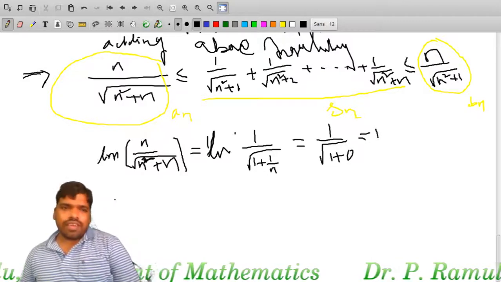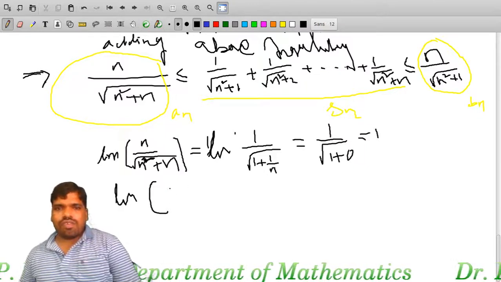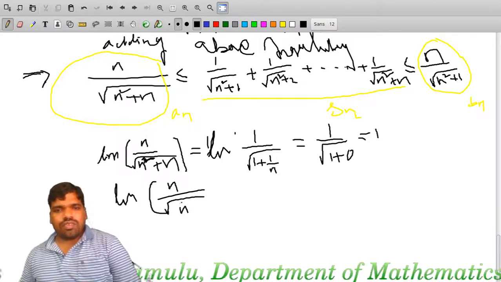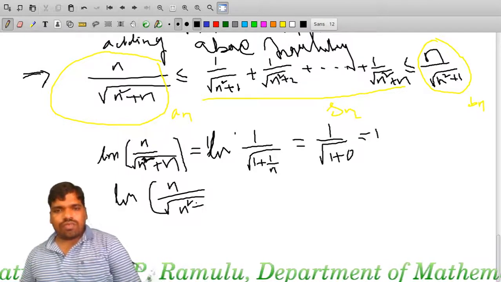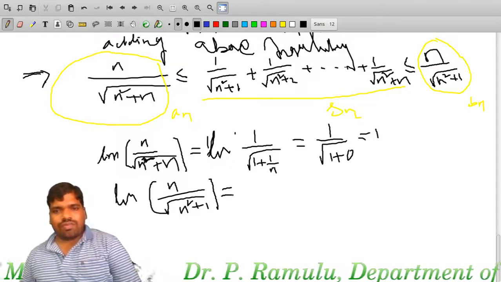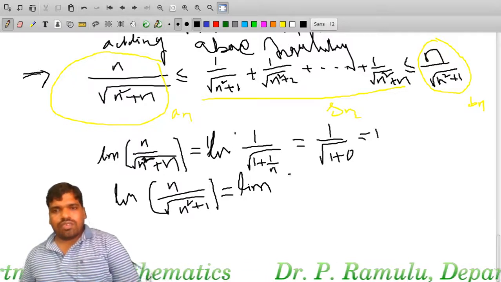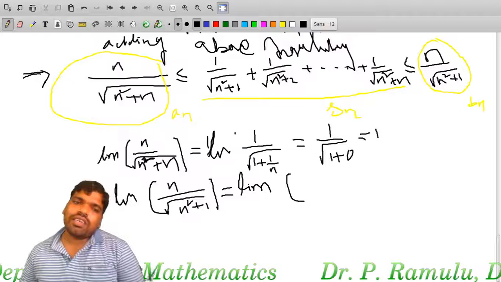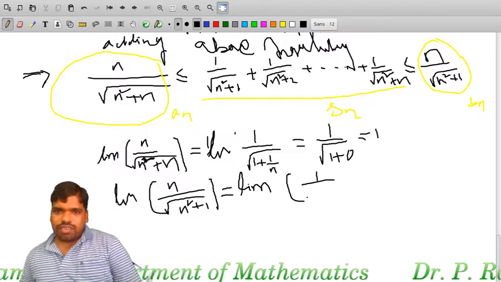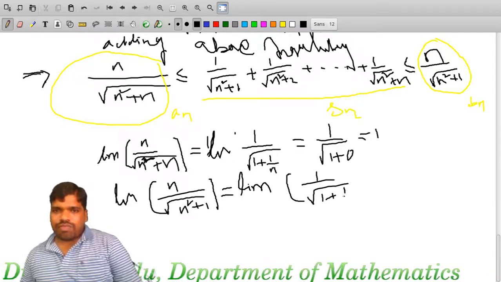Here you can also take the limit for this, so limit of n by square root of n square plus 1. That equals, here n square will go outside, it will give the same value.